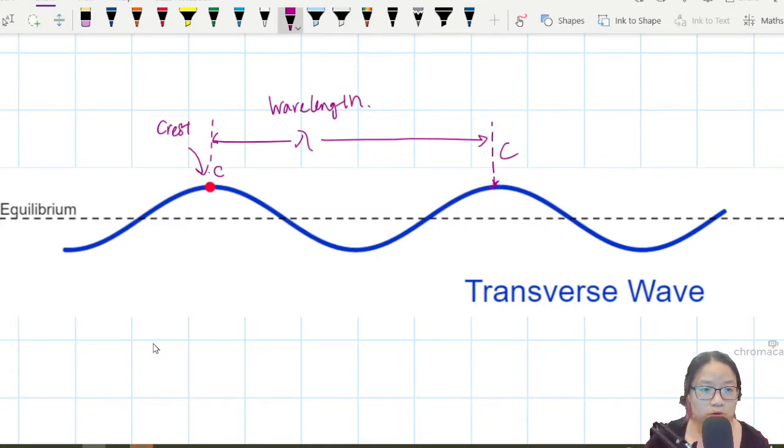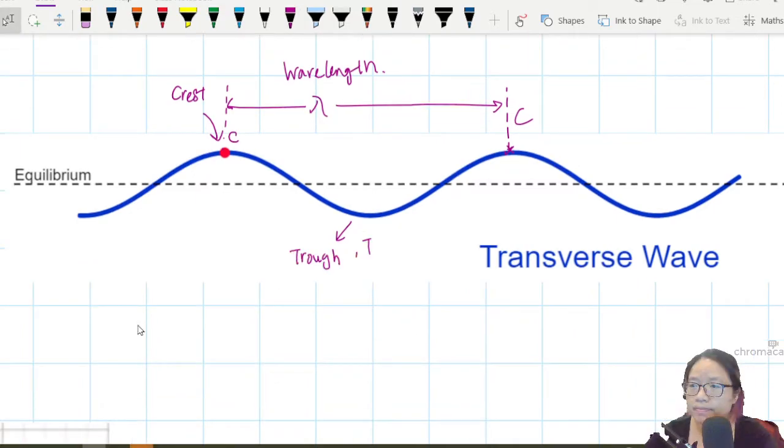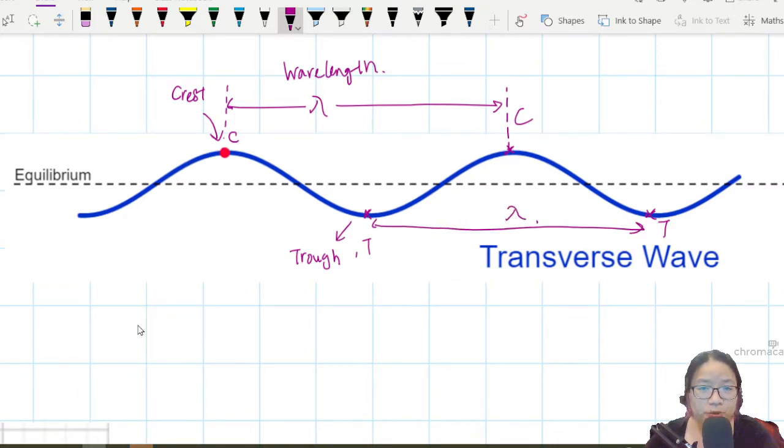We can also measure from trough to trough. So I'm going to label this point as T and the other point here as T, and we can measure this distance as lambda. How do we define this distance? We can say it is the distance between 2 points on a wave profile. So this is wavelength: crest to crest, trough to trough.